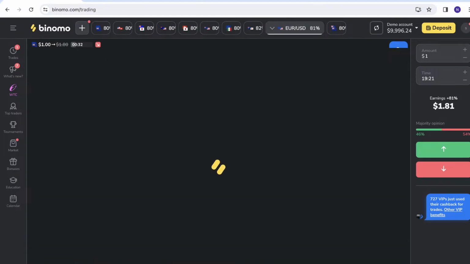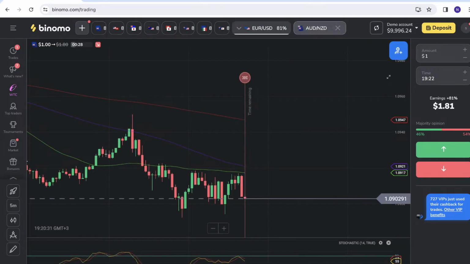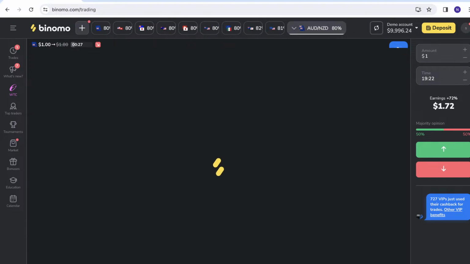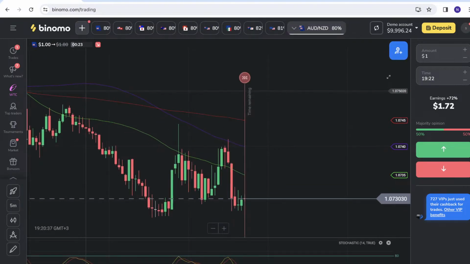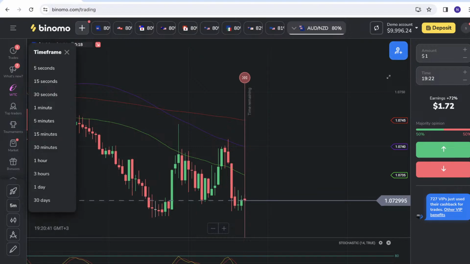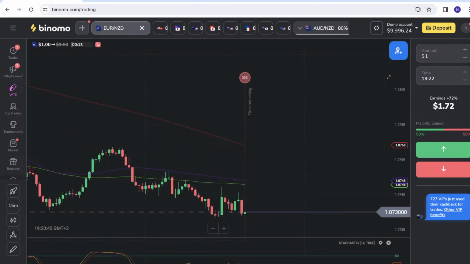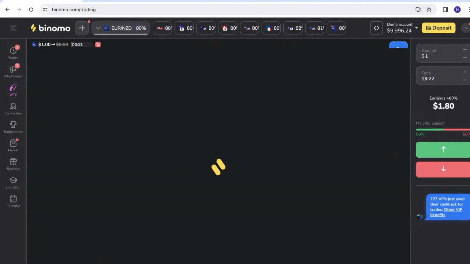Unfortunately I can't find a good trading signal in 5-minute expiration time. Let's look at 15 minutes. Maybe in 15 minutes we will get a good trading signal.